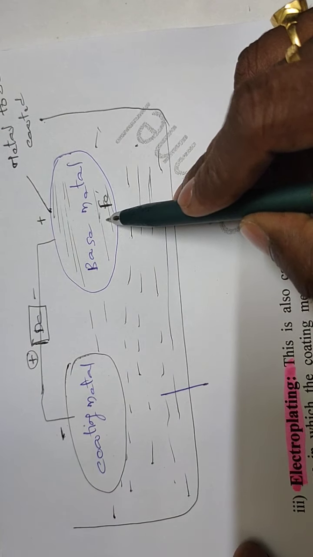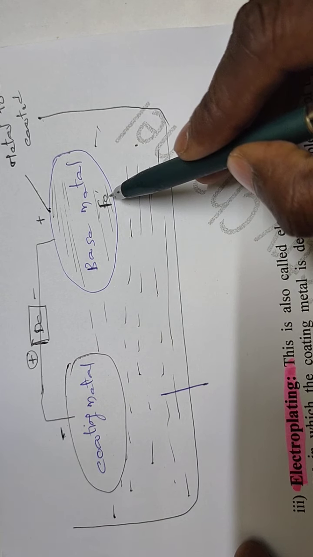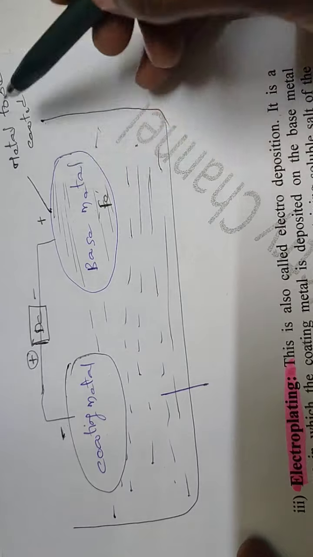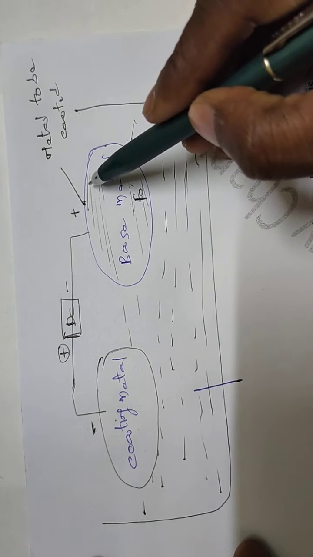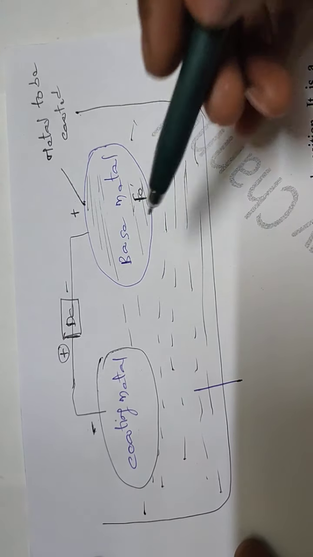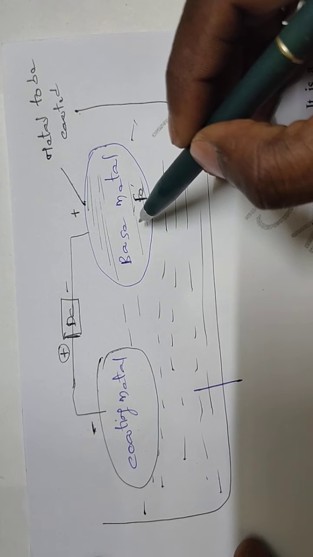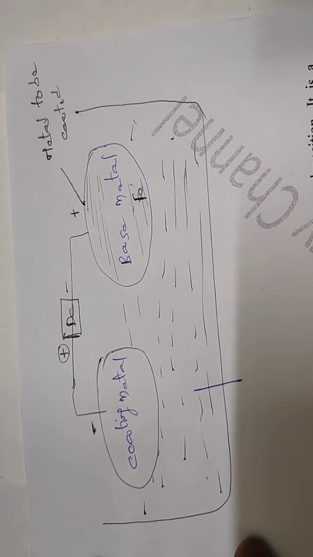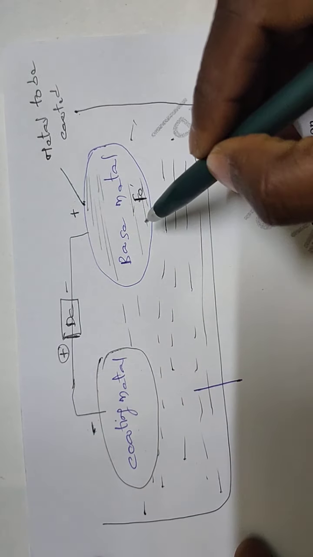This is the base metal, let us assume that it is an iron metal. It is the metal to be coated. Here we want to coat this metal with any other coating metal like nickel or lead or any metal.